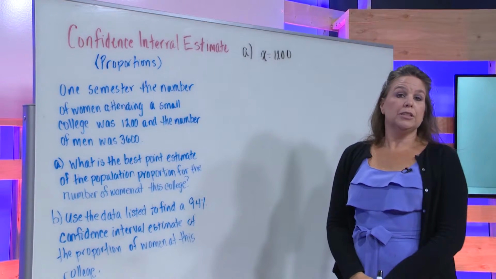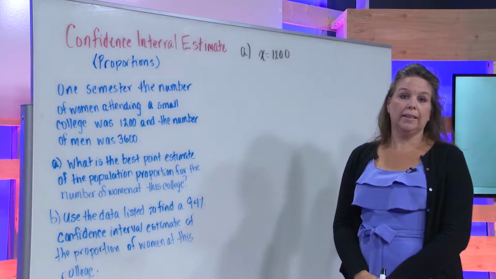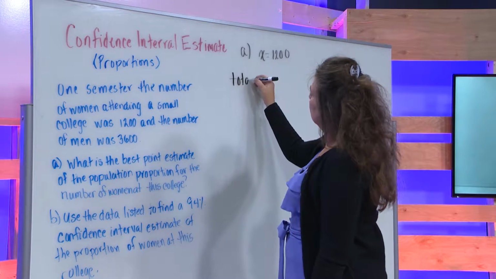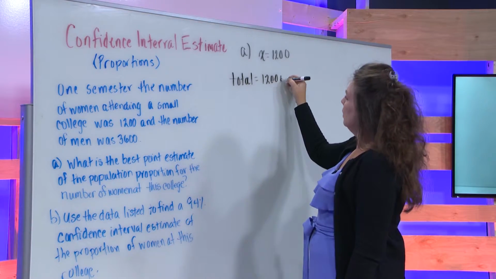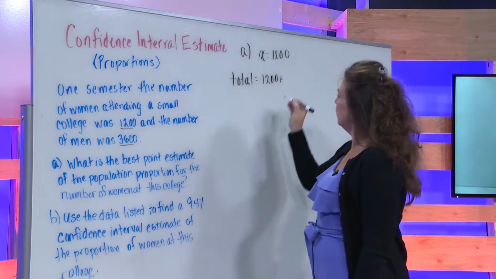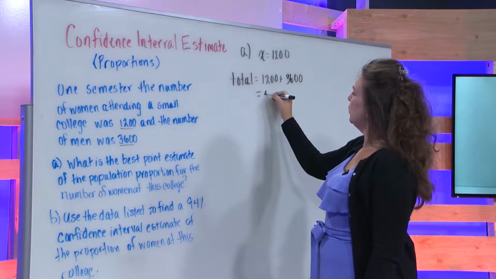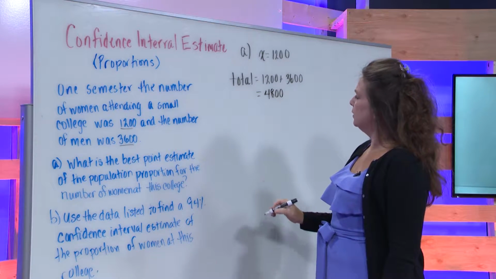The next thing I'd like to know is the total number of students this semester at the college. So the total is equal to the number of women, which is listed here in our problem, and the number of men. That gives us a total of 4,800 students.